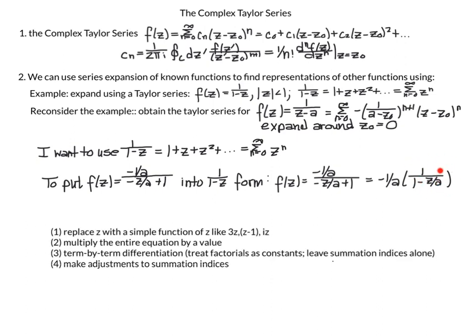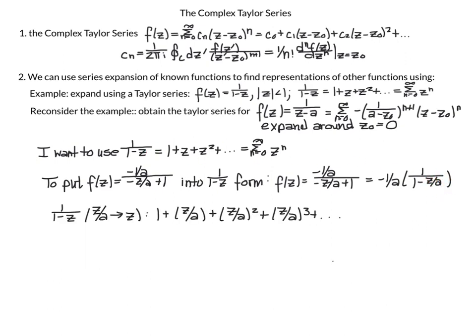This is exactly the form we want, the 1 over 1 minus z, because according to the steps we can take, we can replace this z with a simple function of z. And the simple function of z that we're going to replace the z with is z divided by a. I tried to note this with the z over a replaces z in this formula. And now I can use this series expansion for 1 over 1 minus z, but instead of z over here, I'm going to be plugging in z over a.